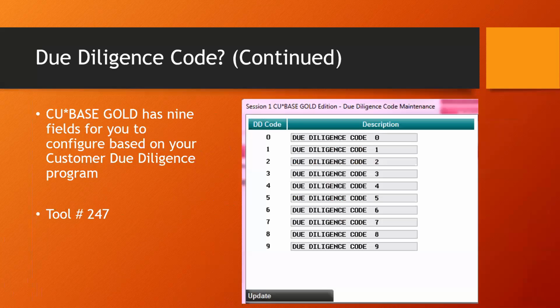All members come in at 0. Okay, that's the way that they come in. Now, a member that comes in and says, I'm an attorney, a doctor, anybody having to do with real estate, that type of thing, marijuana-related businesses now in Michigan, potentially. You can code those, and you can develop these codes using Tool 247.